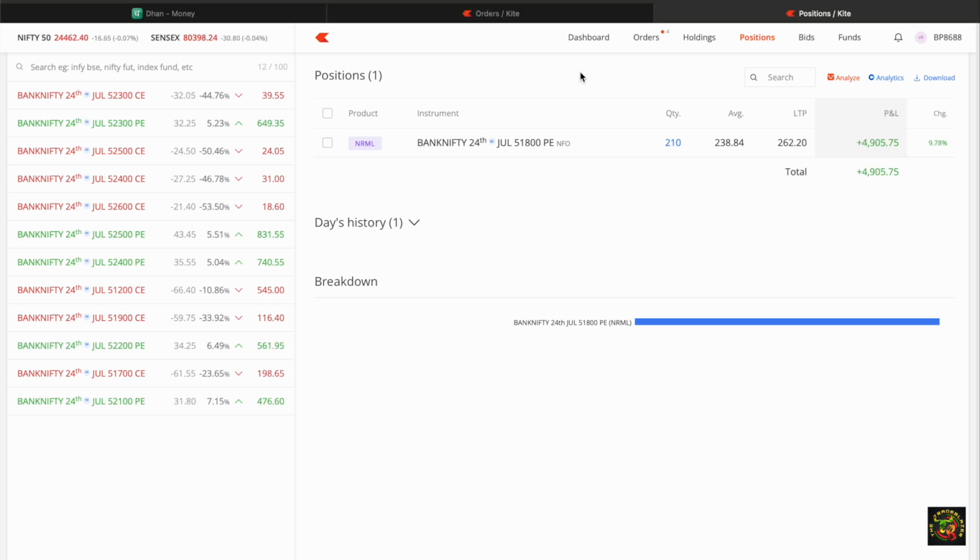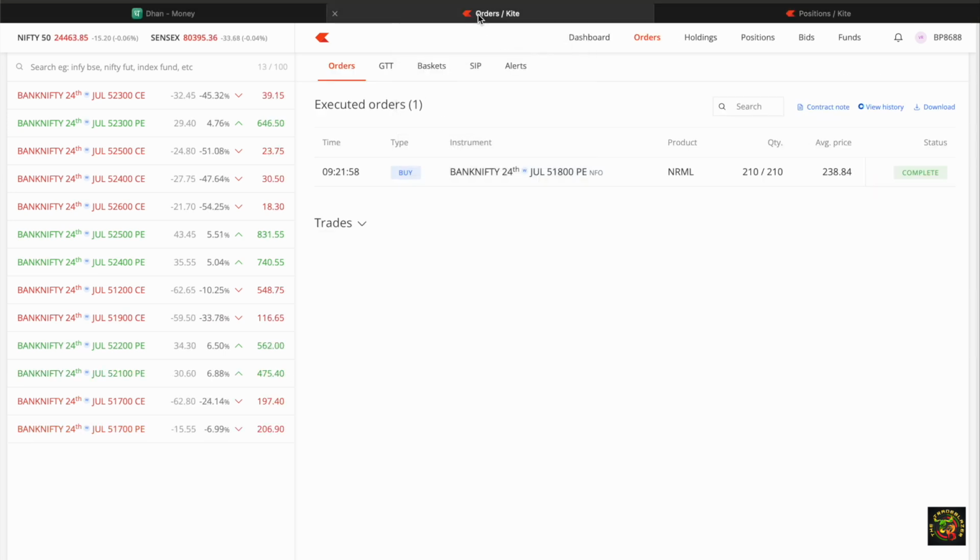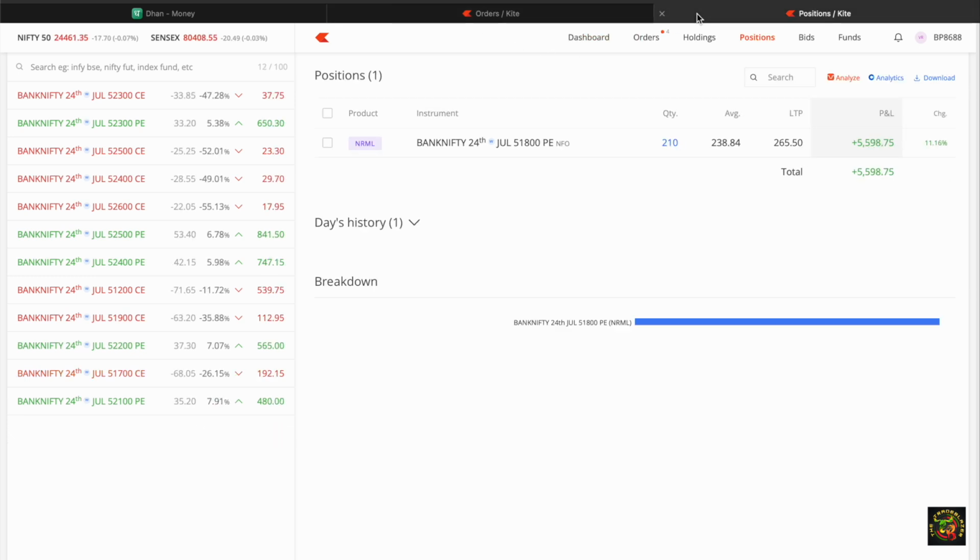There are two things that we can do. One is that we can reduce the quantity or position size and increase the SL a bit, like 50 points or something, so that the winning probability of the trade increases. Or the second thing is we can keep the same quantity and be ready to lose more to gain more. Today is one of the days where the market is moving hundreds of points in just one 5-minute candle.